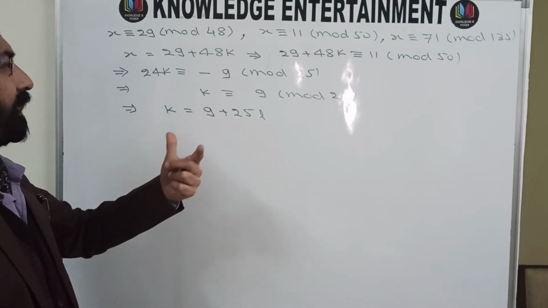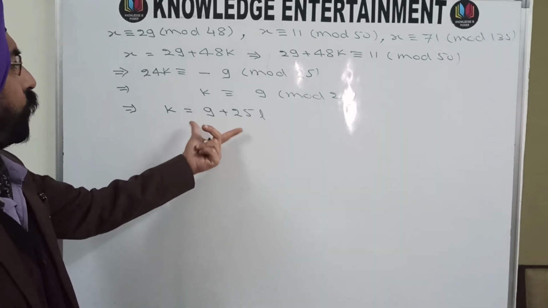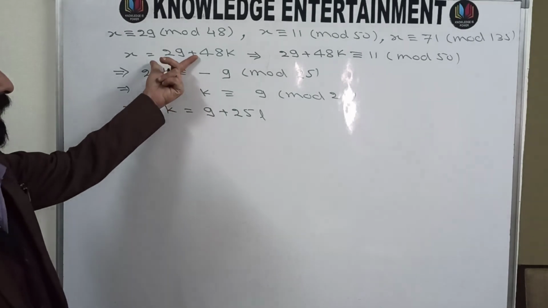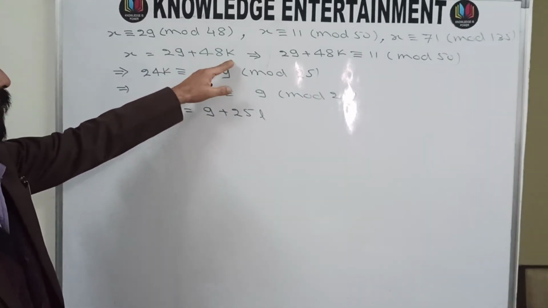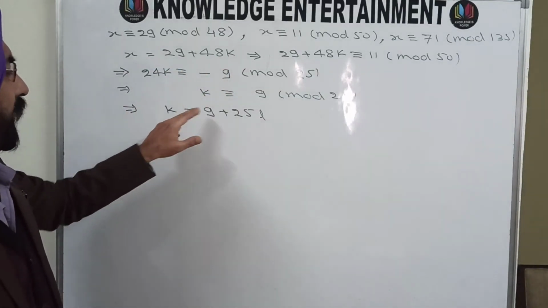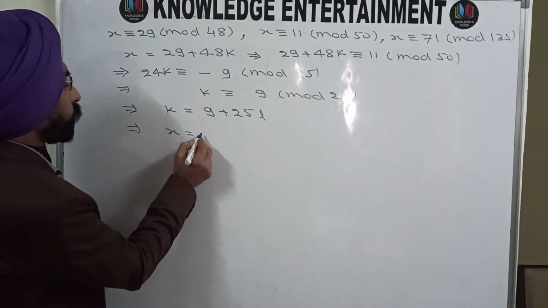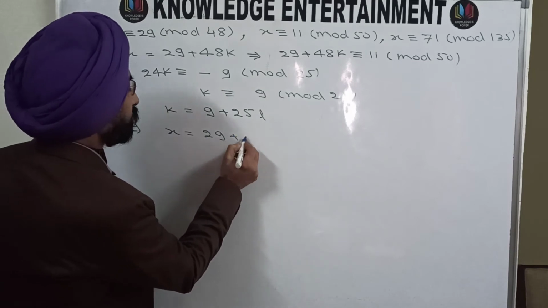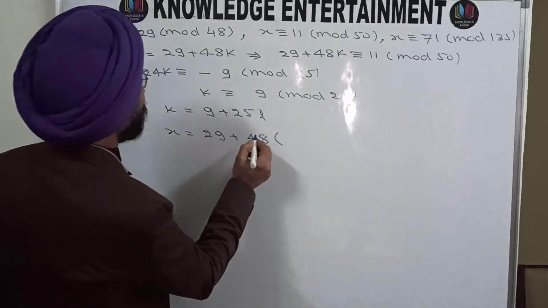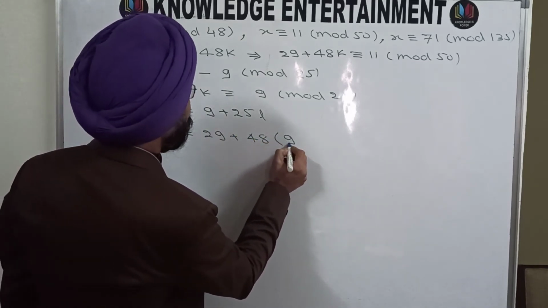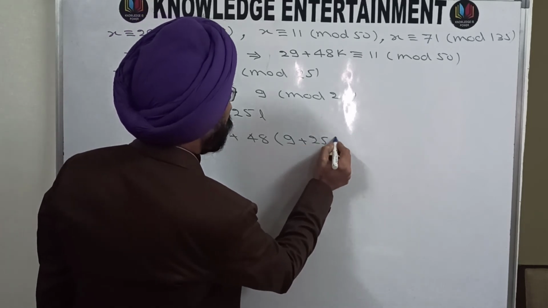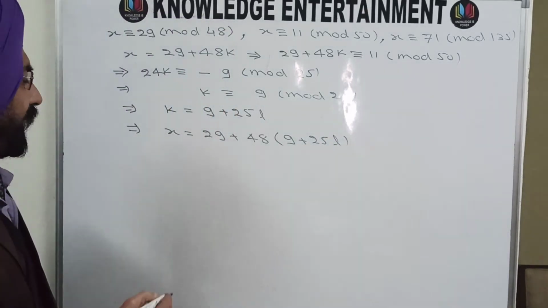Now once again, this value of k, you put in the value of x, because you are having k here. So substitute the value of k. What value of x are you going to get? You will get x is equal to 29 plus 48 times (9 plus 25L). And simplify it.